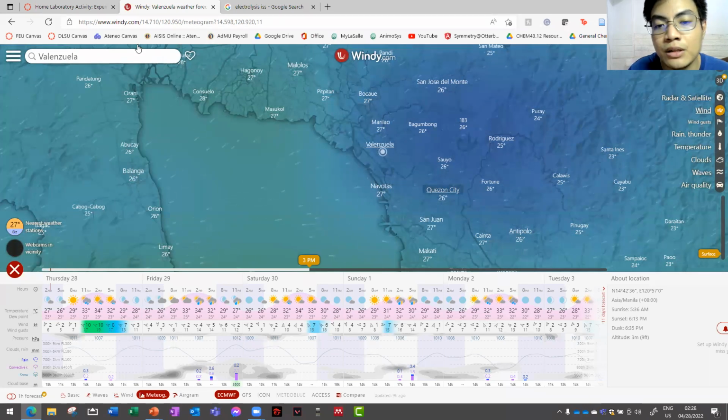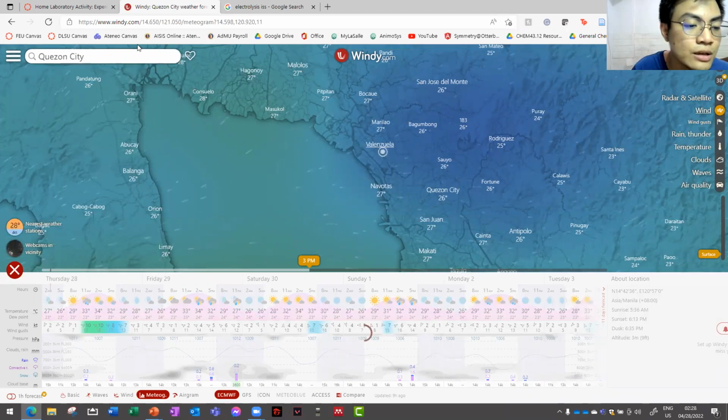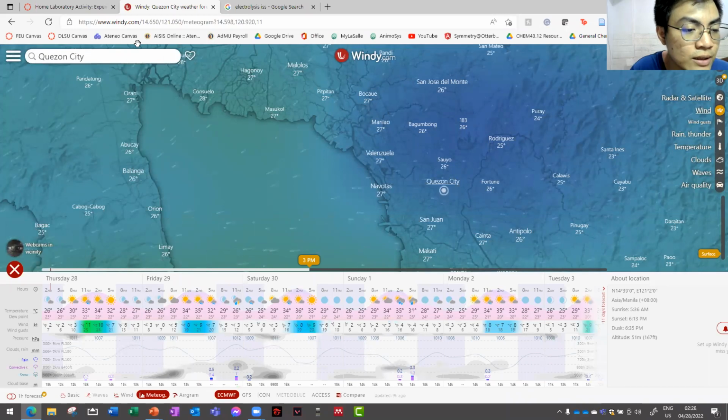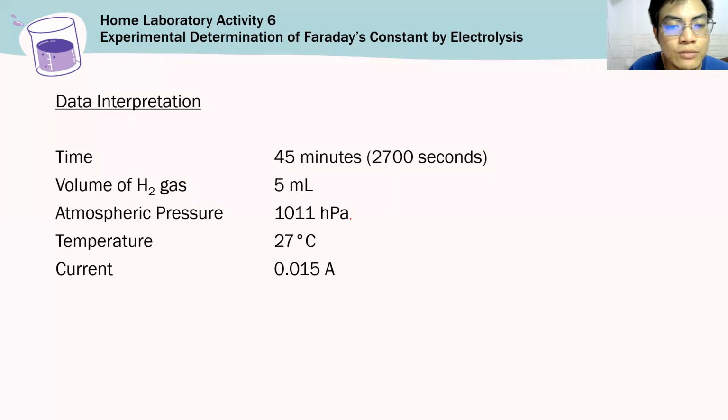For example, I'm in QC. So if I am in QC, then the temperature is 26 and the pressure is still 1011 hectopascals. So these two data can be obtained from the Windy website.